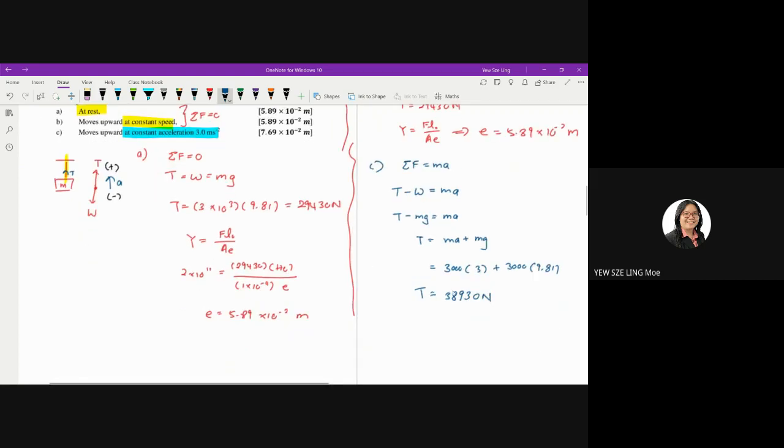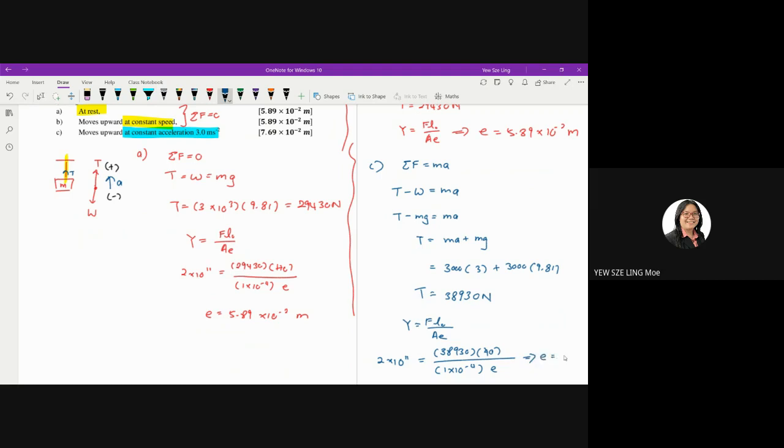Once you have the tension, you can then apply the Young modulus equation to determine the value of the extension. So Y equals FL naught over AE. Y equals 2 times 10 to the power of 11 is then equal to, now the force is the tension, so it is equal to 38930 times the initial length, which is 40 meter, divided by 1 times 10 to the power of -4 E. Okay, so rearrange the equation.